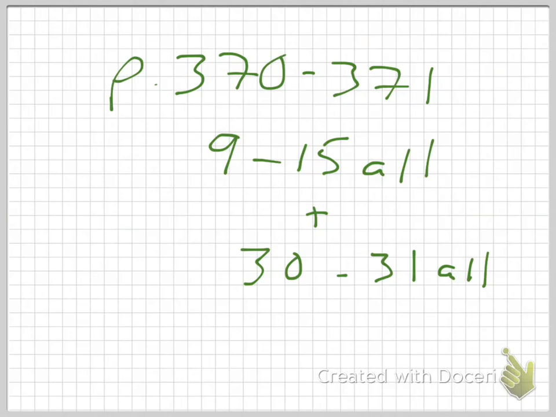So it's 9 to 15 even? 9 to 15 all, and 30 and 31. Makes sense? That's what we're doing today. I'll change it on RunWeb right now.